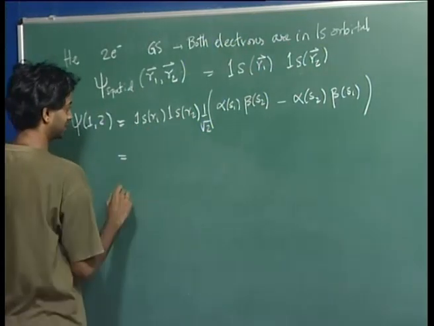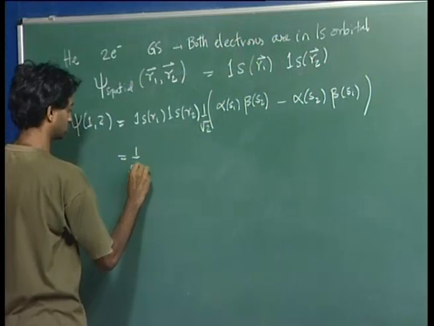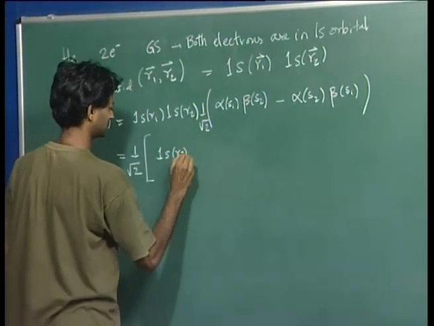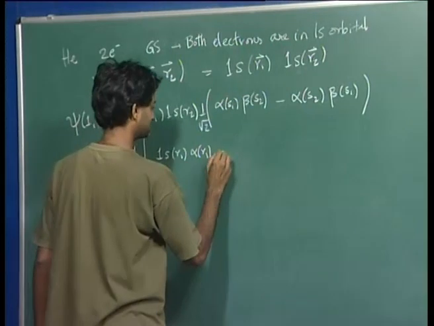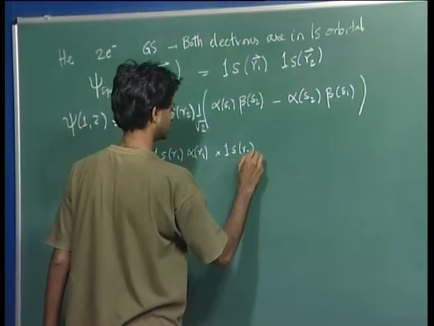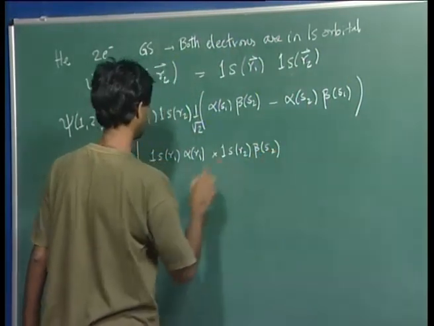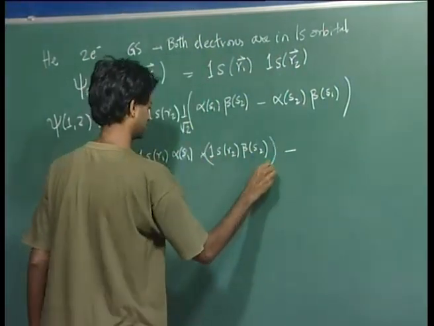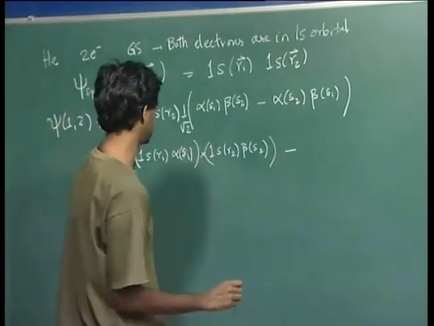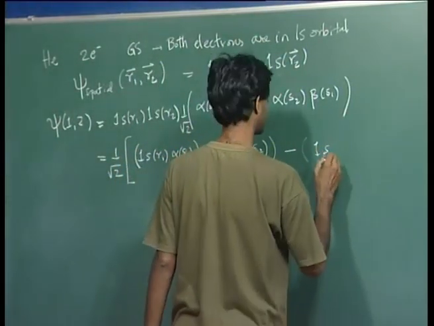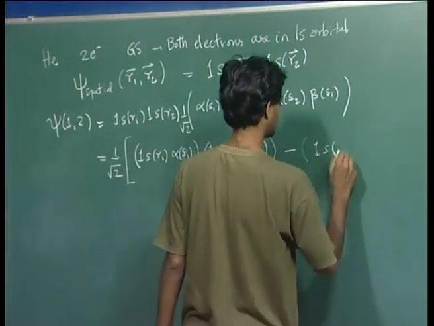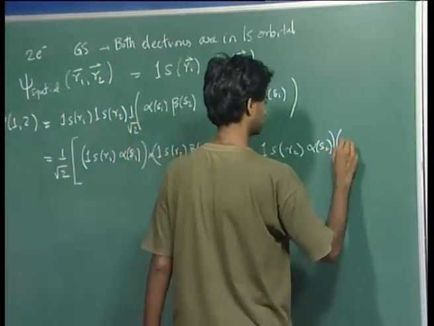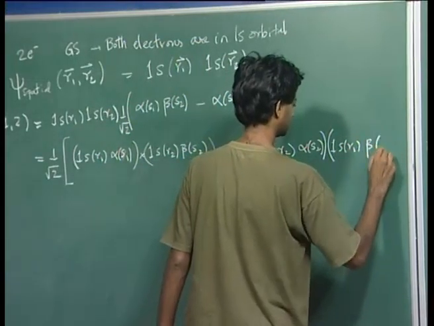Suppose I take the 1s inside, I can write this as 1 by root 2 1s of R1 into alpha S1 times 1s of R2 beta S2, minus, so I will put these in brackets and it will be clear why, 1s of R2 alpha S2 times 1s of R1 beta of S1.